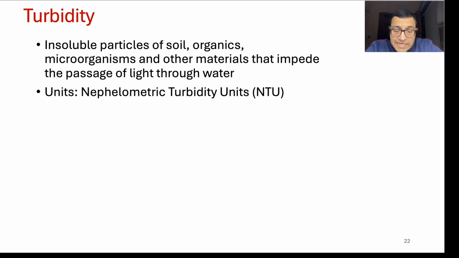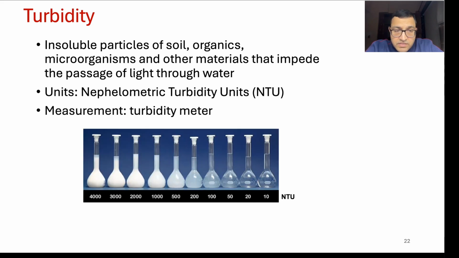It's measured in NTU, which stands for nephelometric turbidity units, and you can see here this schematic. It shows that as you go from right to left, the NTU value increases and the cloudiness of the water also increases. And we use a turbidity meter in the lab to measure the turbidity.